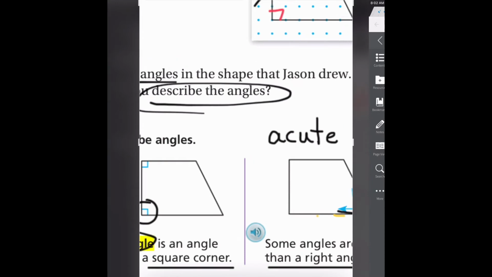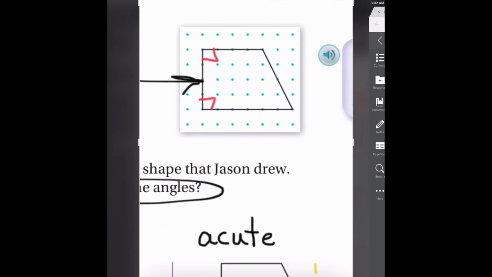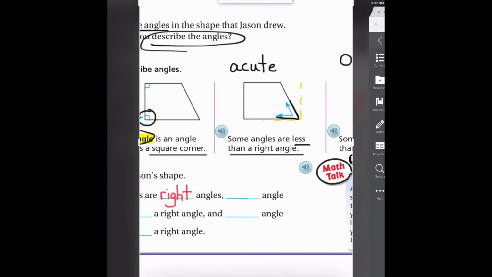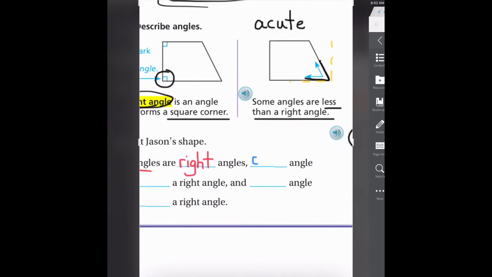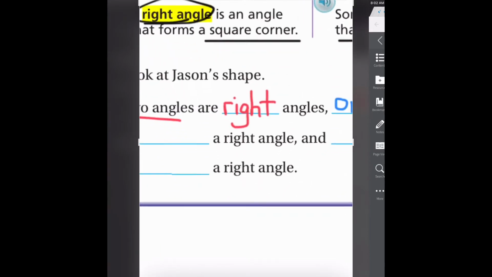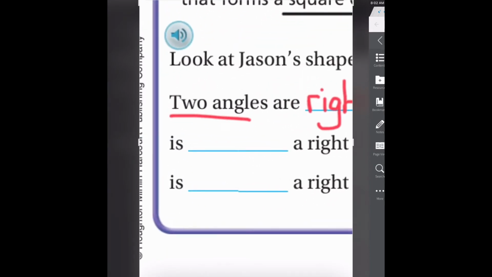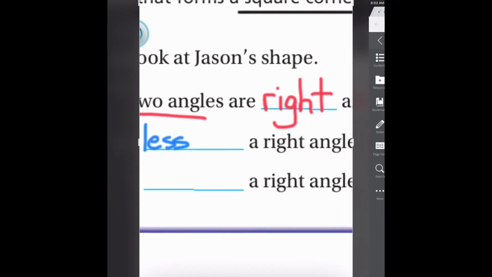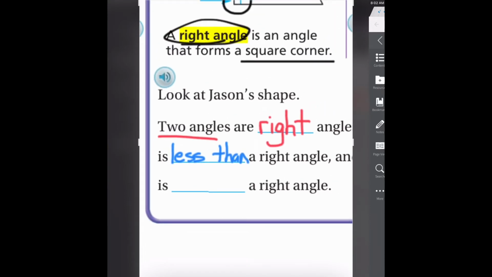So let's take a look at this guy right here. It is less than a right angle. We have one angle that is less than a right angle. And if it's less than, we call that acute.